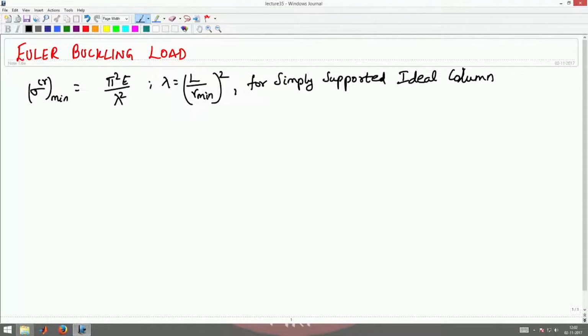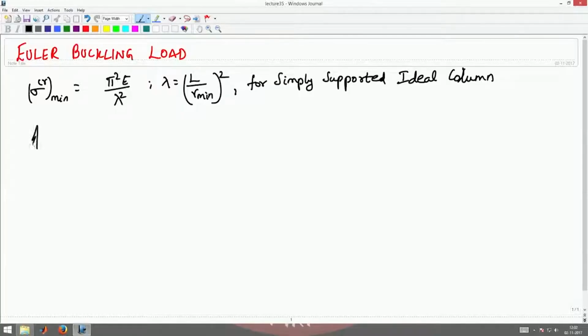Now let us see how to get this Euler critical load for different boundary conditions of the column. First let us look at a cantilever column subject to an axial force P. The procedure is the same.